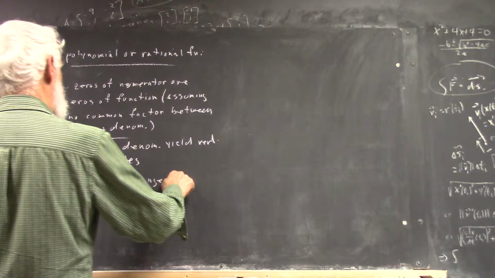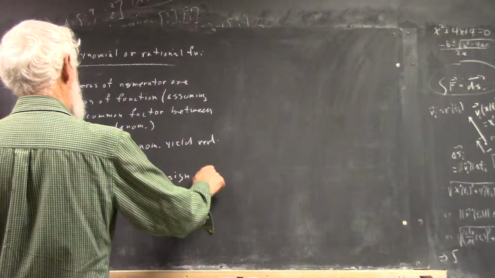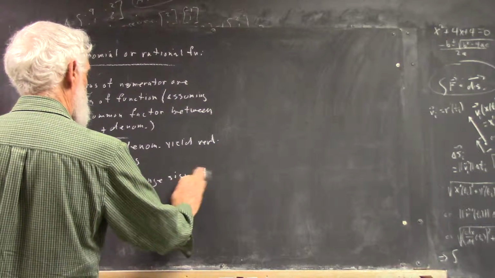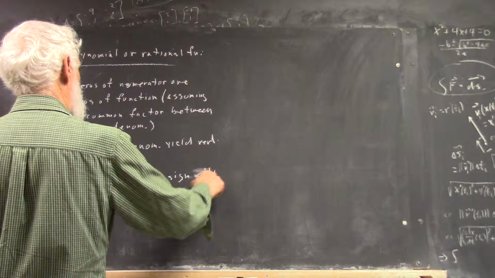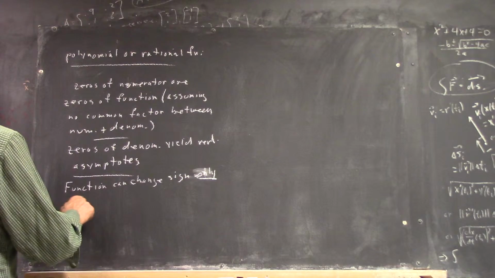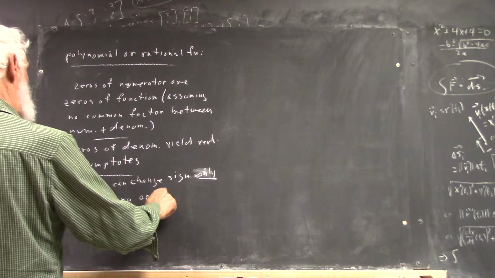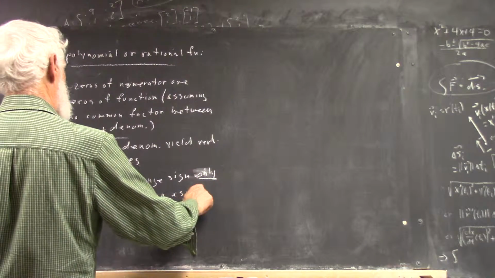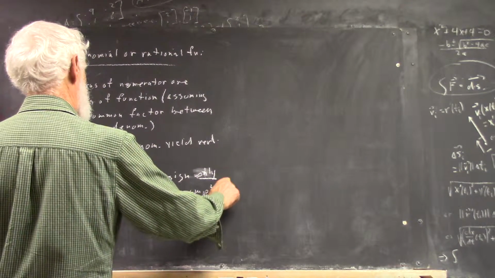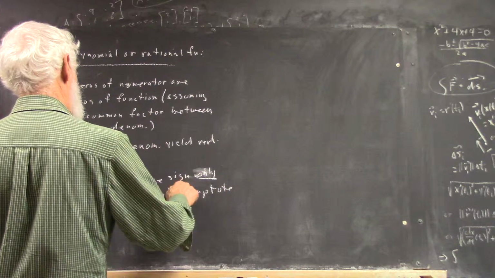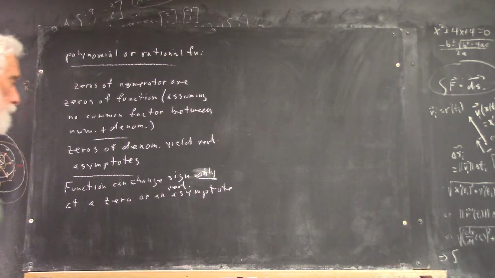Function can change sign only at a zero or a vertical asymptote.